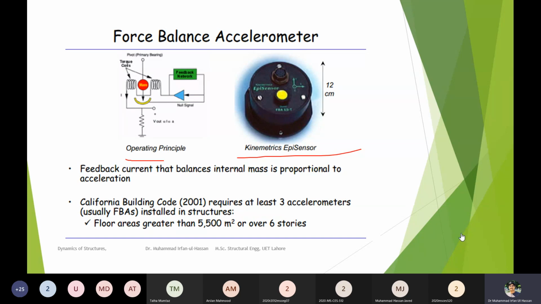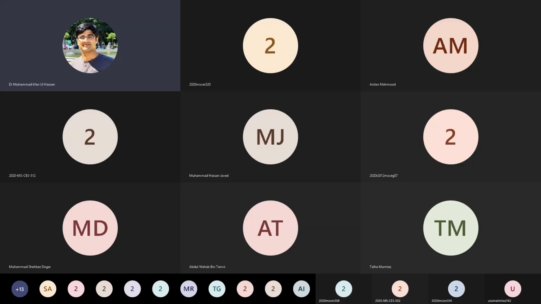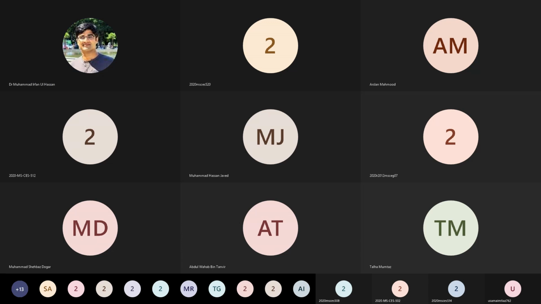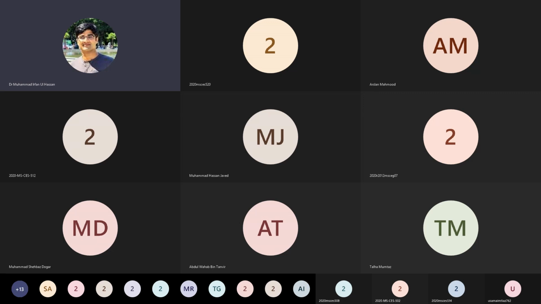In the next part we will discuss the ETABS time history, basically the application of this chapter, and the time history analysis. And the energy which is absorbed in the viscous damping, that we will also discuss.